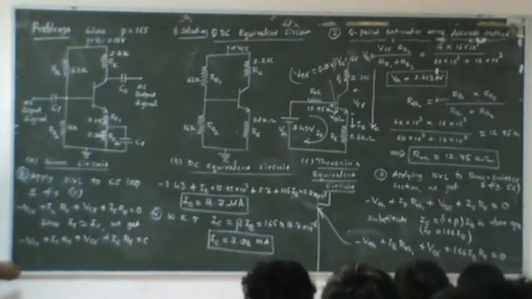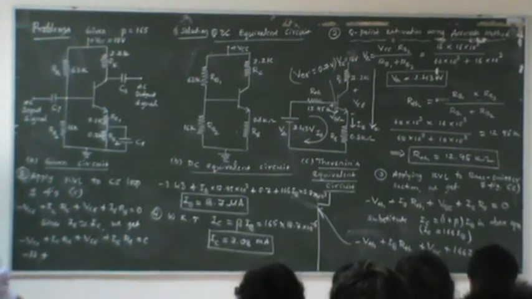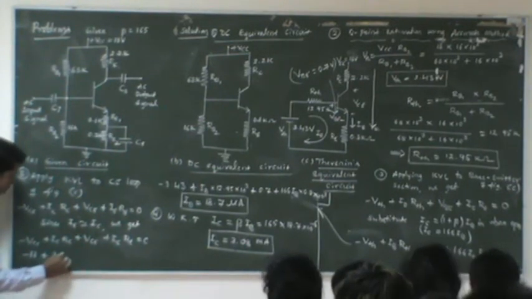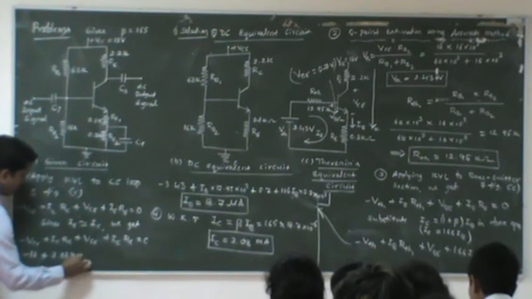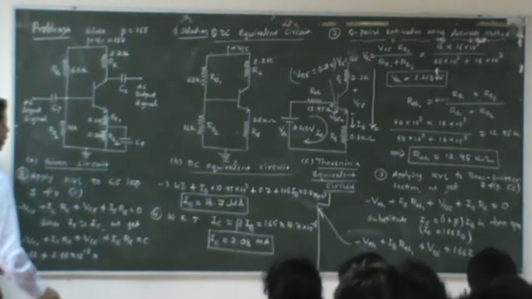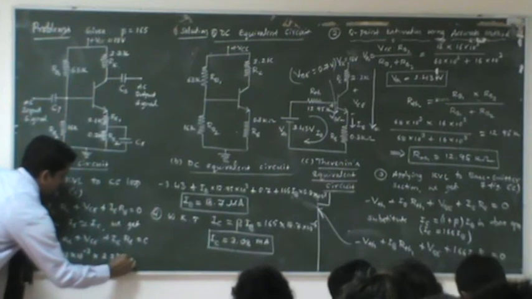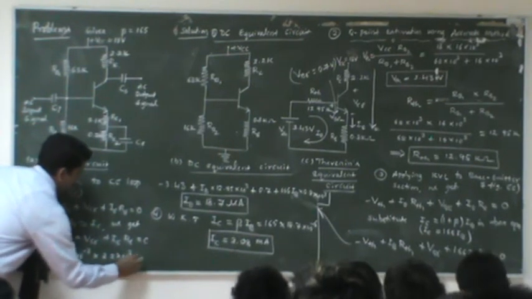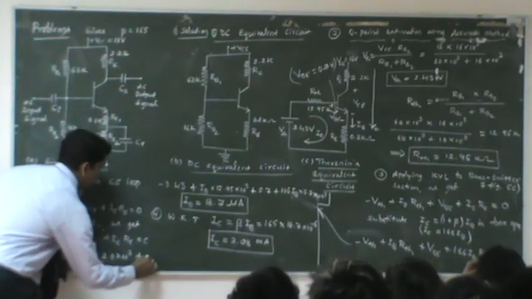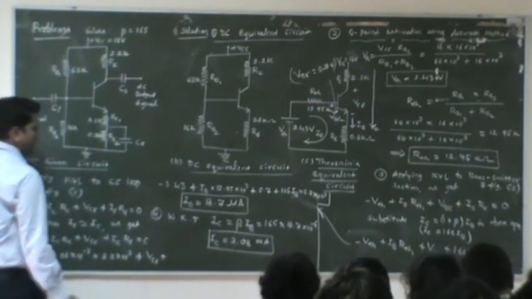Minus VCC, VCC is minus 18 plus IC is 3.08 milliampere. 3.08 into 10 power minus 3 into RC, which is 2.2 kilo ohm, 2.2 into 10 power 3, plus VCE which you want to estimate, plus IC times RE.